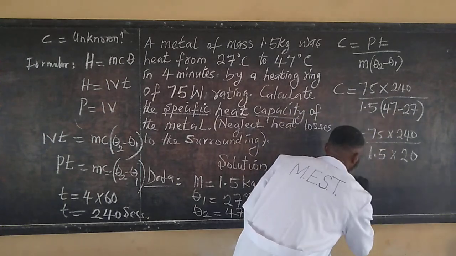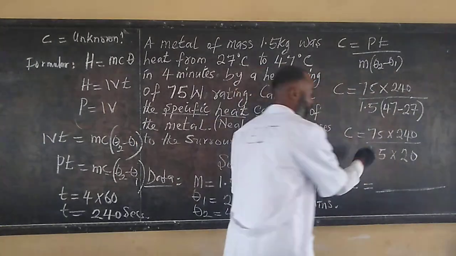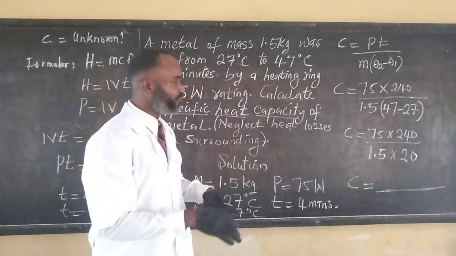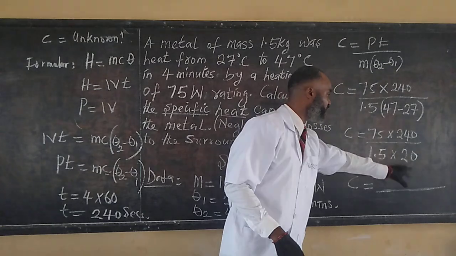All right, so you do this. Find your calculator, press 75 times 240 seconds over 1.5 times 20.